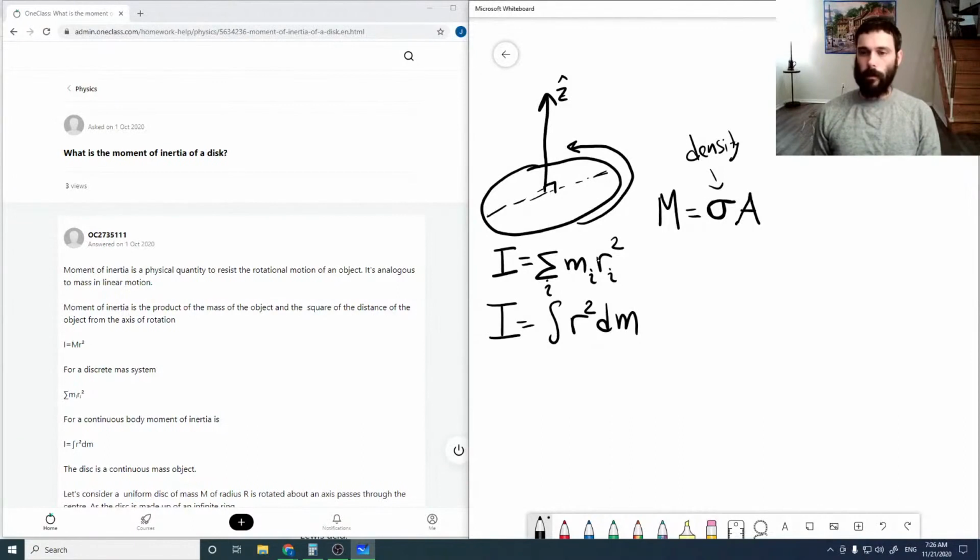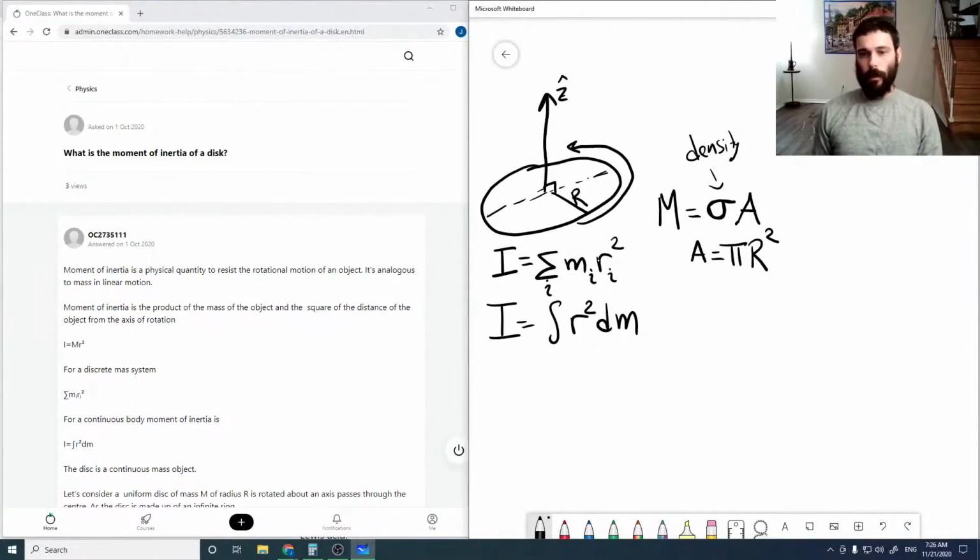Or the area density will be the mass over the area, okay? And the area of a disk is pi r squared, where r is the radius of the disk.